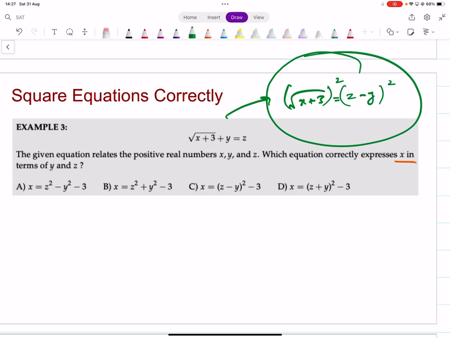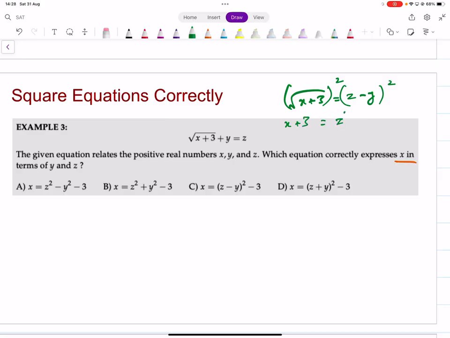How can you make x the subject now? On the left side, the square root gets cancelled with the square and you have x plus 3. On the right side, you have z squared minus 2zy or 2yz plus y squared. Do we need to do that actually? We don't, because we have this option here as well.